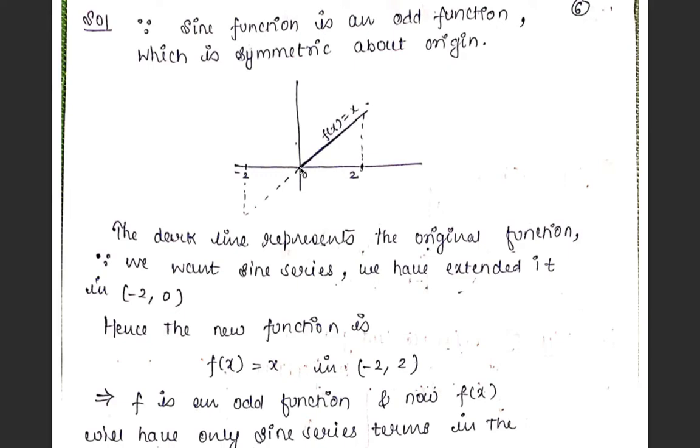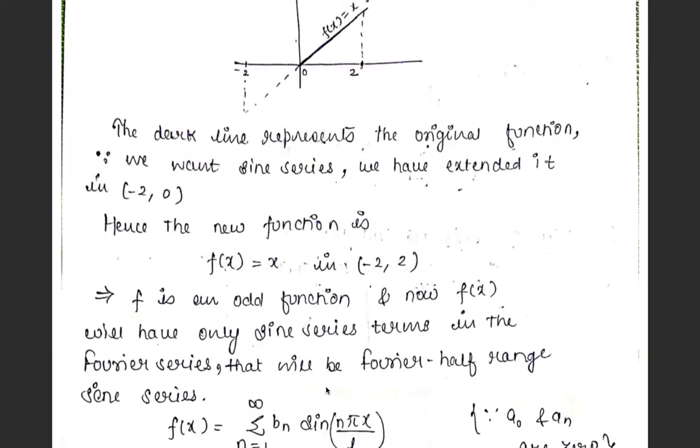So I have extended this function by the symmetry about the origin, and I have constructed a new function as x in the interval minus 2 to 2. So f of x is now an odd function in the interval minus 2 to 2, which has now become a question of full range Fourier series. Clear? And now we will be obtaining the Fourier series expansion for this function.